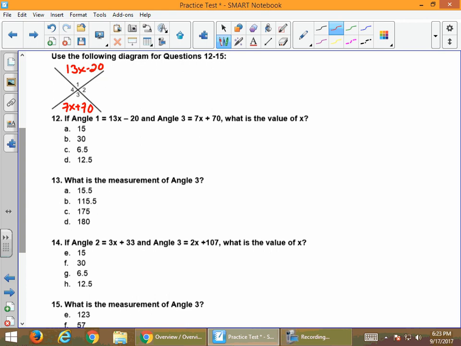Because these two angles are vertical, I know that they are equal to one another. So 13x minus 20 is equal to 7x plus 70. Subtract 7x on both sides to get 6x minus 20 equals 70. Add 20 to both sides, so 6x equals 90. Then divide both sides by 6, and you get x equals 15, which is answer choice A.